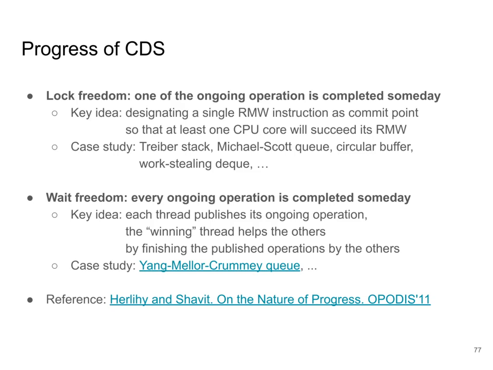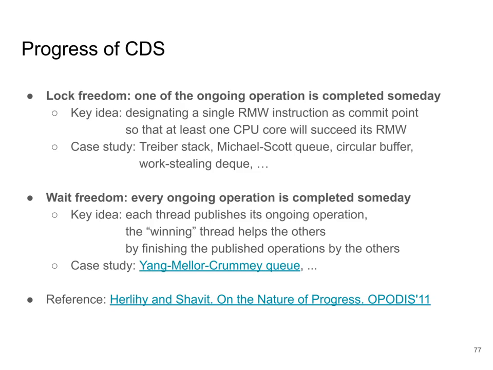For example, in a spin lock, there is a lock location, and multiple threads are trying to acquire the lock concurrently by updating the lock variable with some RMW instruction. The hardware architecture guarantees that at least one of them will succeed in the RMW instruction. So by doing so, we can achieve lock freedom: at least one of the ongoing operations is completed someday.